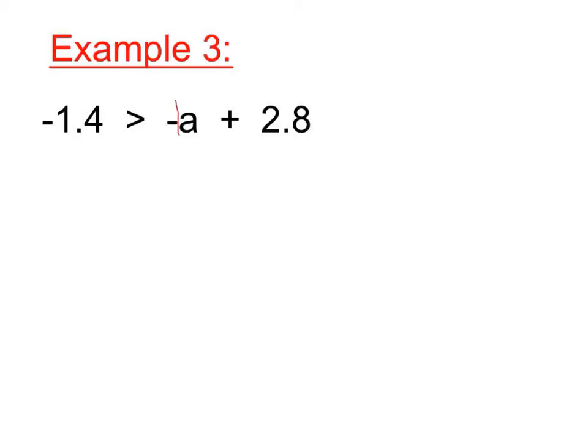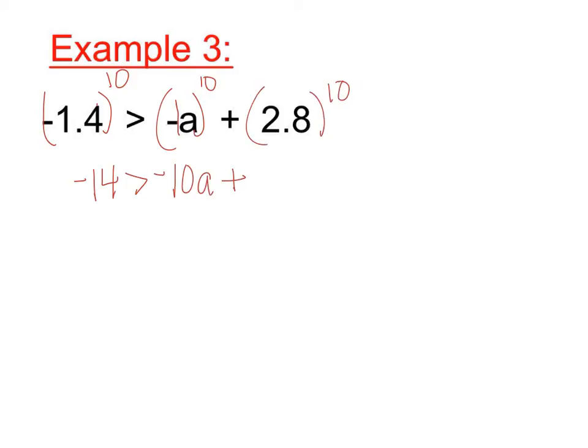Each of those have a single digit after the decimal point, so let's go ahead and multiply by 10 to eliminate our decimals. We'll have negative 14 is greater than negative 1 times 10 is negative 10a plus 2.8 times 10 is 28.